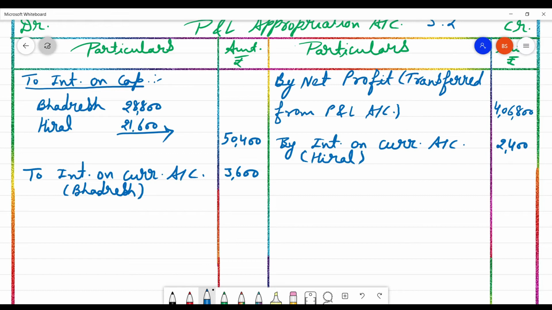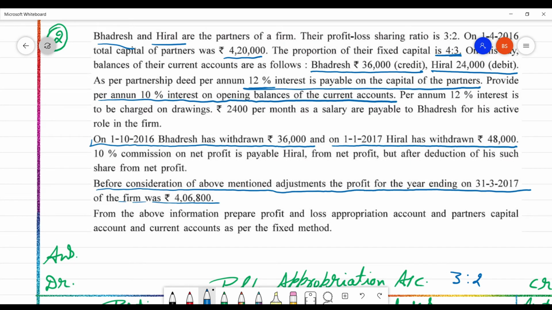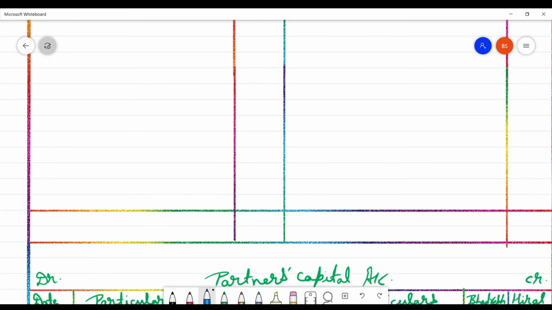Then read out the next adjustment. What is it? Per annum 12% interest is to be charged on drawings. But we have to make calculations because no one is making the drawings on the opening date of the financial year.